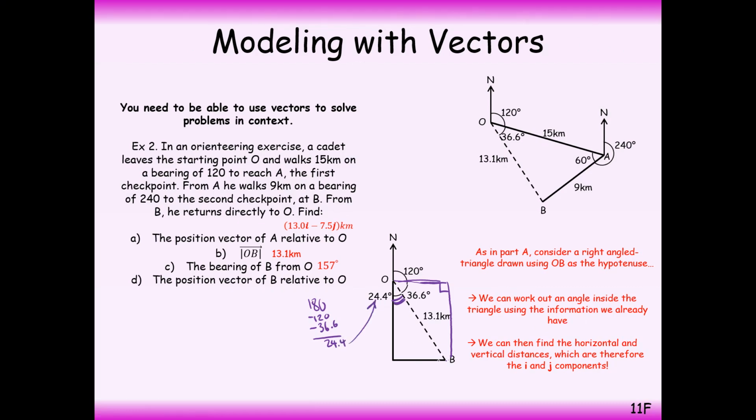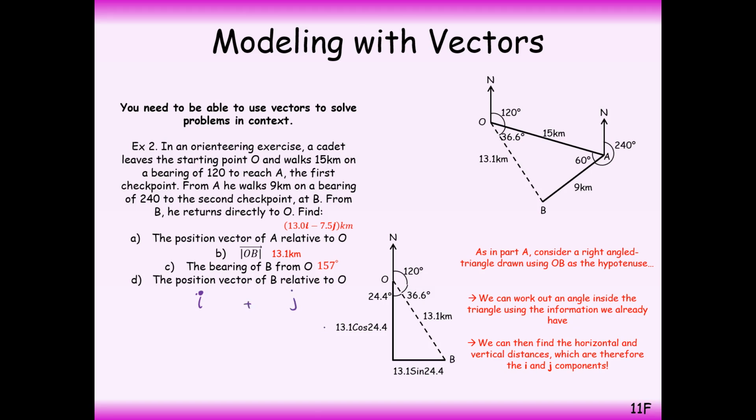Now you can just use it and say sine 24.4 times 13.1 will give me this length here, and so on and so forth. And finally cos times the hypotenuse will give us the adjacent side. Now position vector means that you give the values in the x direction first and then the y direction.